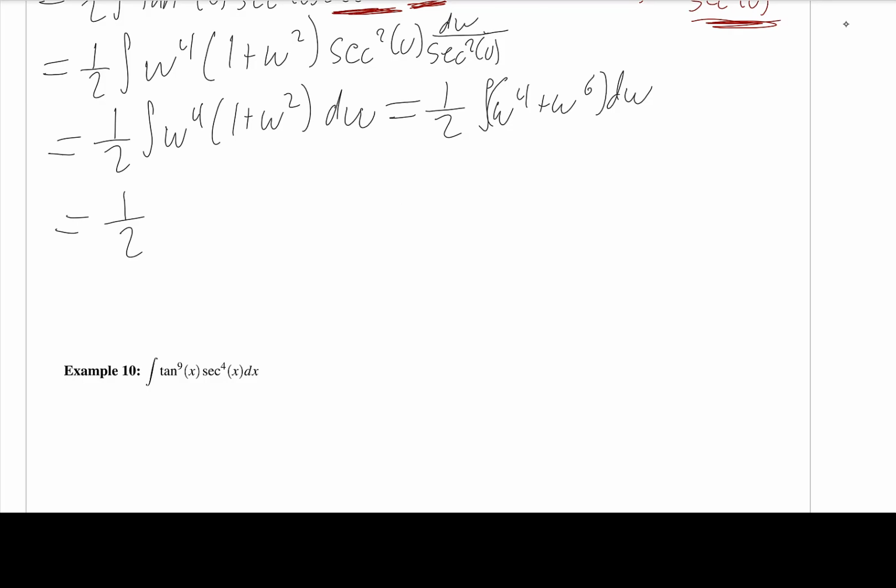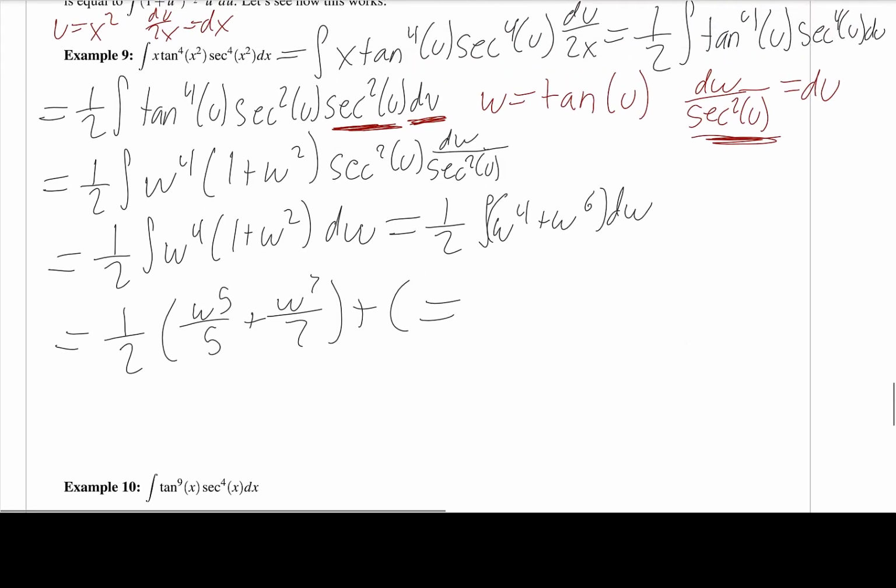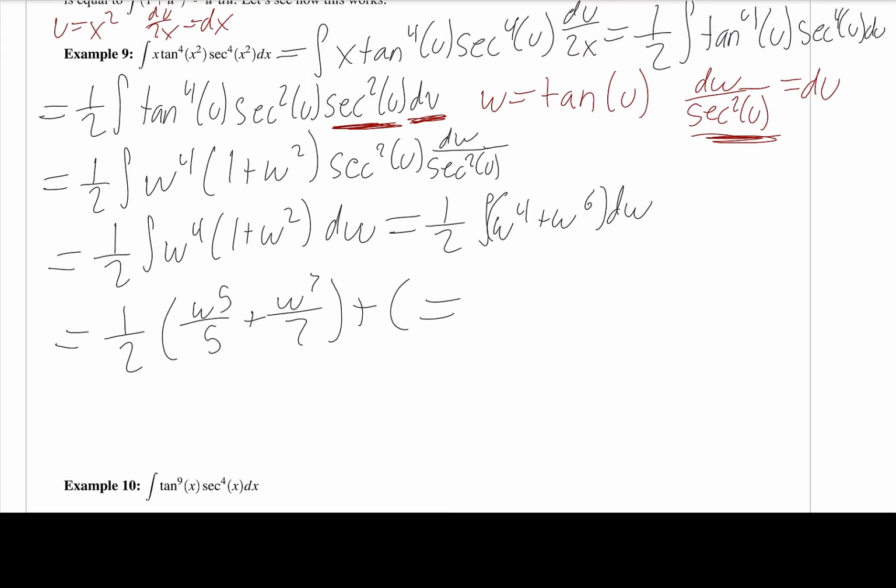So then, once we integrate, this is going to be w to the fifth over 5 plus w to the seventh over 7 plus C. Okay, so w is tangent of u. So this is 1/2. Actually, I'm going to go ahead and multiply this out.